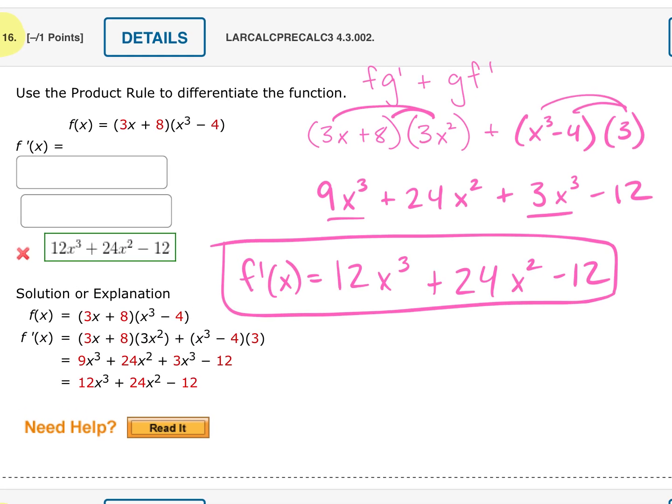So if you're multiplying two functions together, use the product rule. You could also FOIL from the beginning and then find the derivative after you FOIL. You'll end up with the same answer. I'm okay with you doing it either way, whatever it takes to get the right answer.